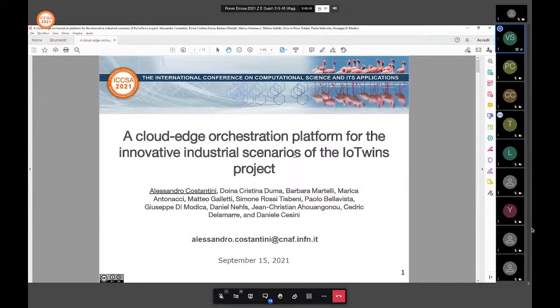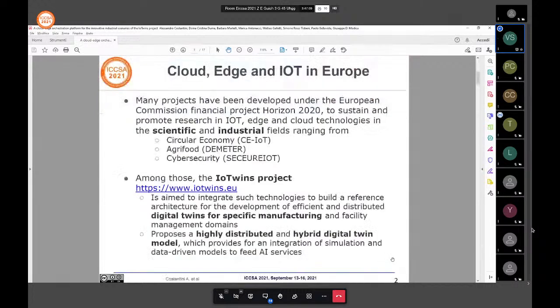Here I'm going to present what we carried out within the IOTwins project, which is a cloud edge orchestration platform for innovative industrial scenarios. I'm speaking on behalf of a collaboration of people within the project.